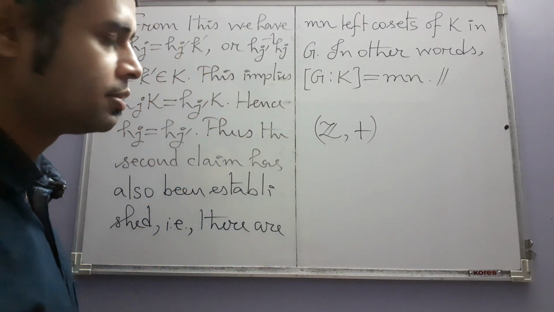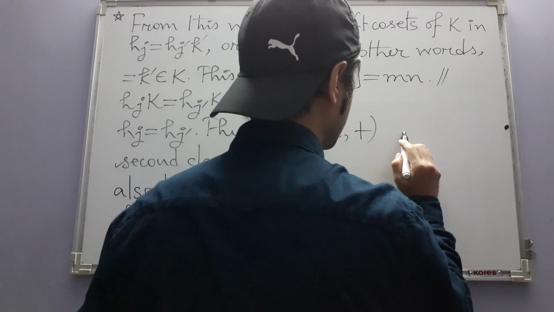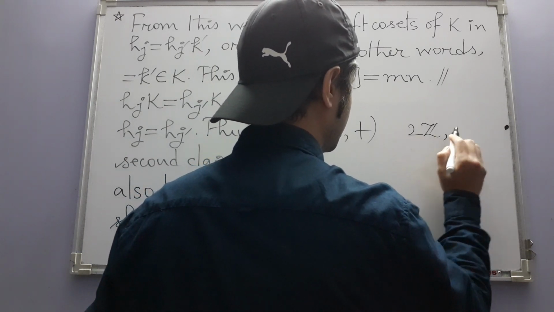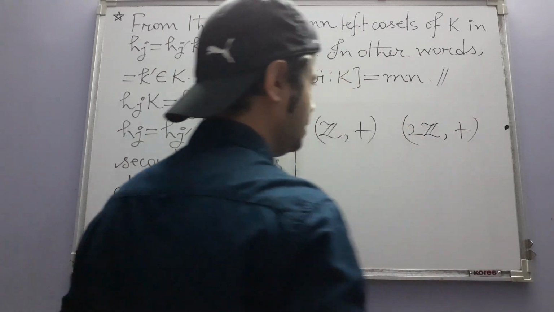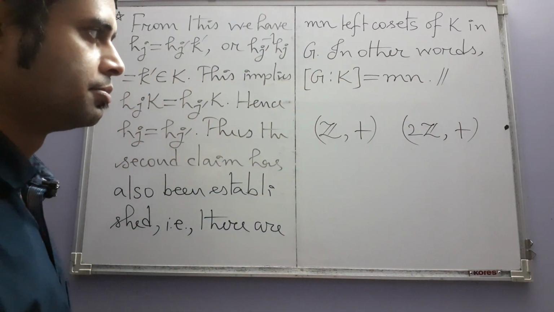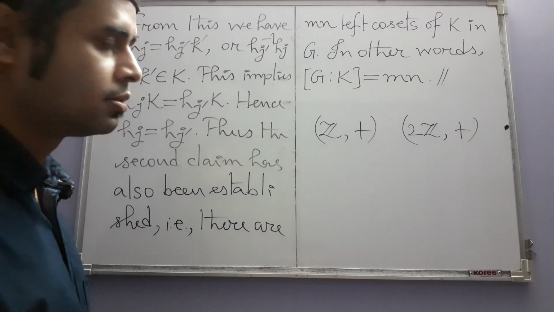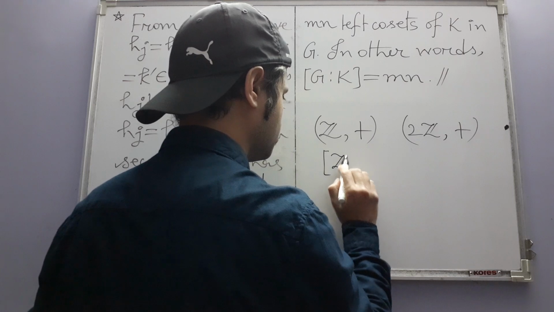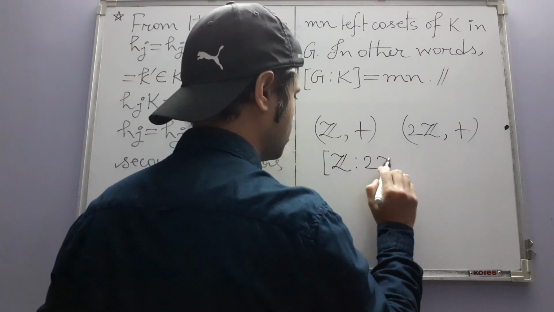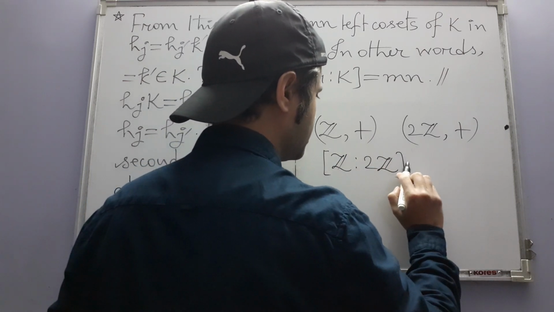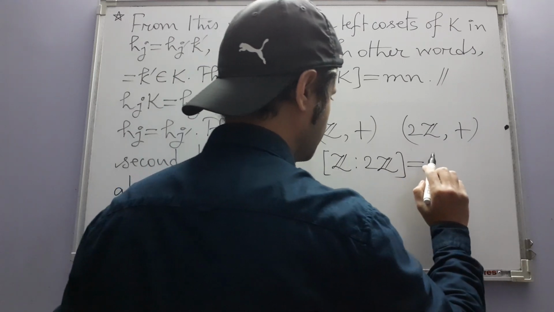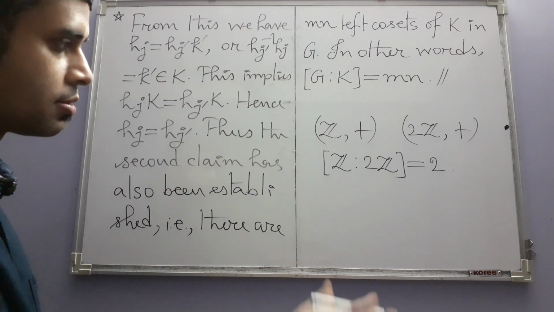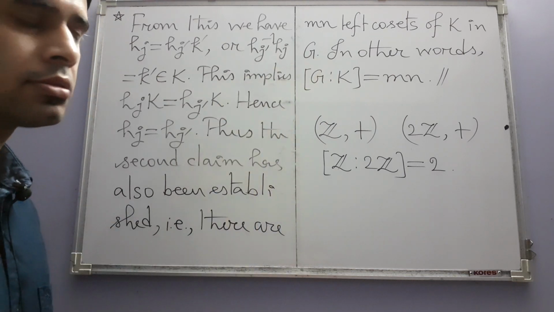This is an infinite group. In this, you have the subgroup of all even integers under addition. This is also an infinite subgroup, but the index of this subgroup in the group of integers is 2. It is finite. So in such cases also the result is true.